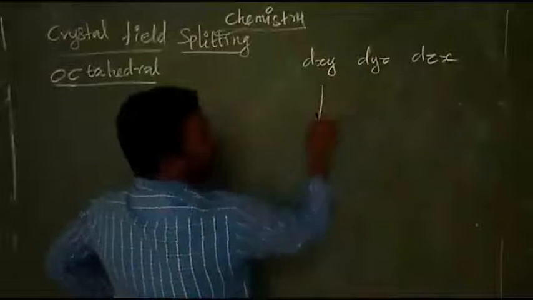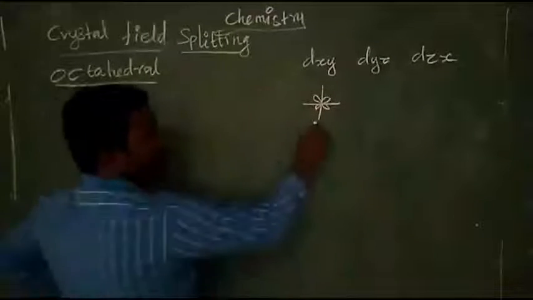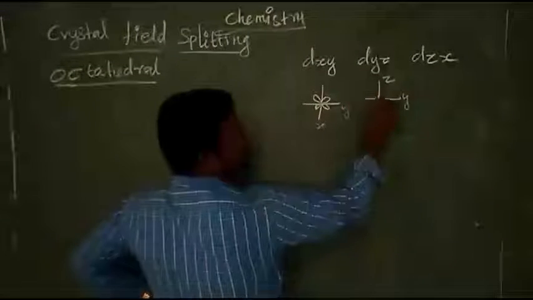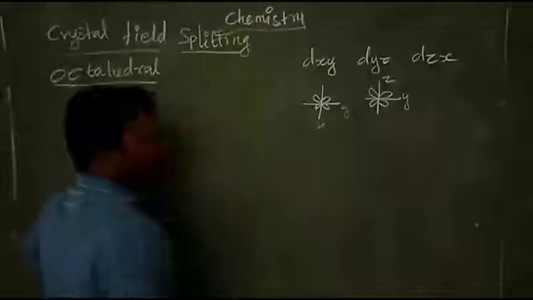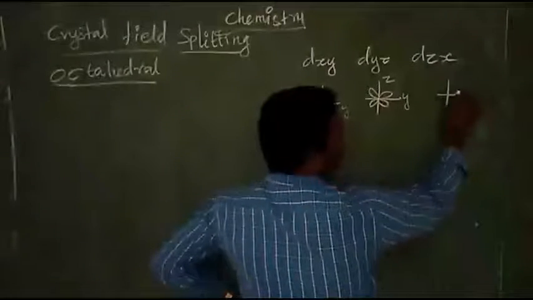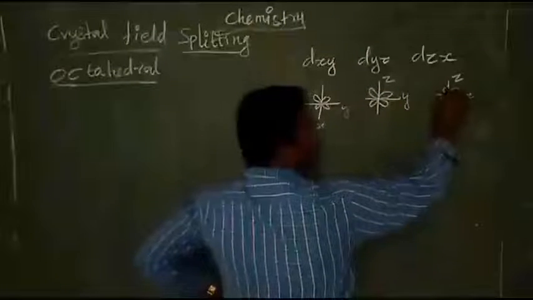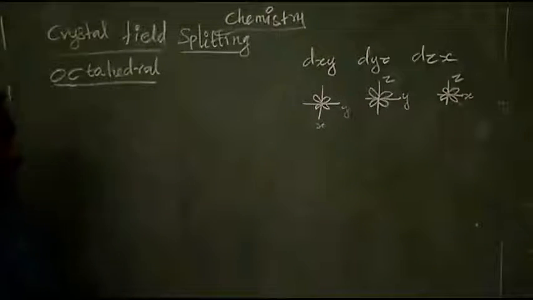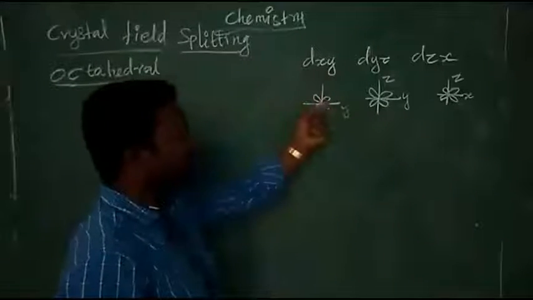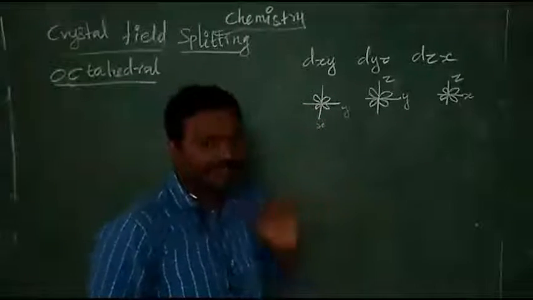These 3 you can draw in between the axes, the xy axis, then yz, which have a dumbbell shape, with the loops present in between the axes. Two loops. So from that we can understand, out of the 5 orientations of the orbital, 3 have their loops present in between the axes.